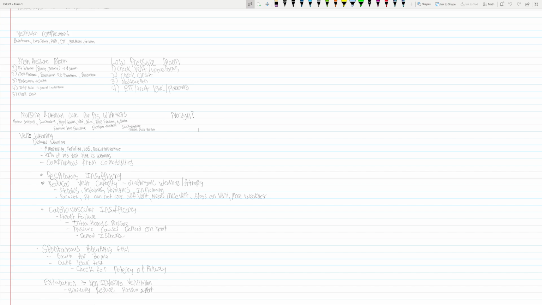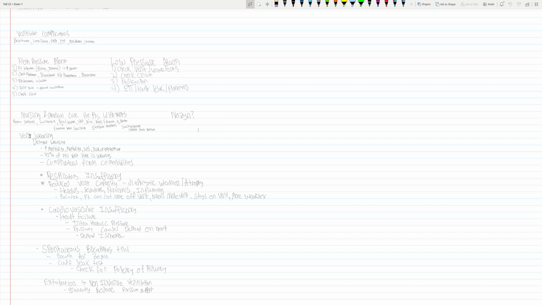So that means that like 58% of the patient's time is going to be on the ventilator, and the rest of the time is going to be getting the patient off of the vent. It takes a very long time, most of the time is getting off the vent.